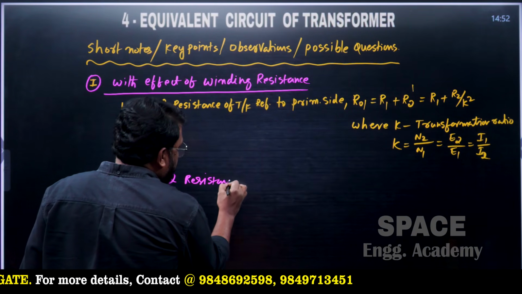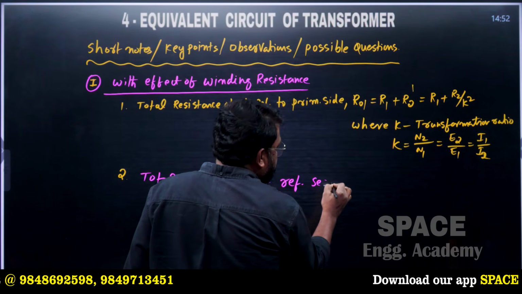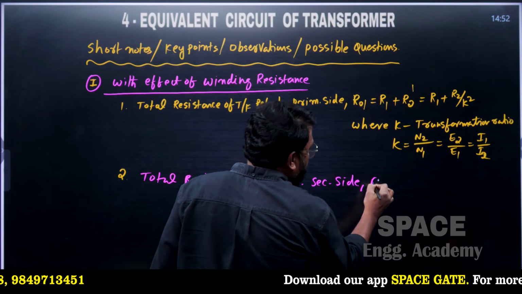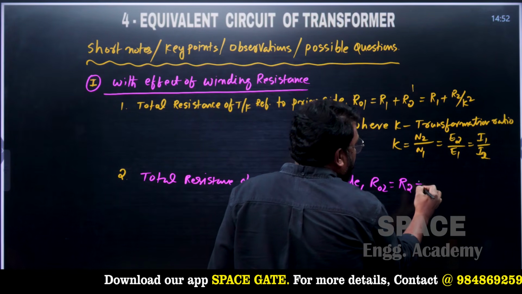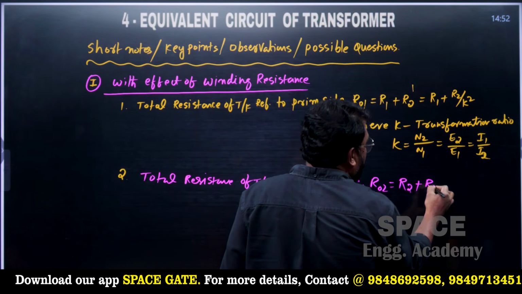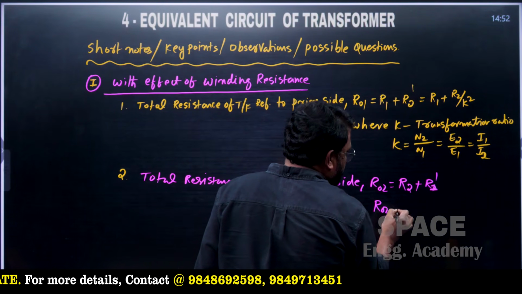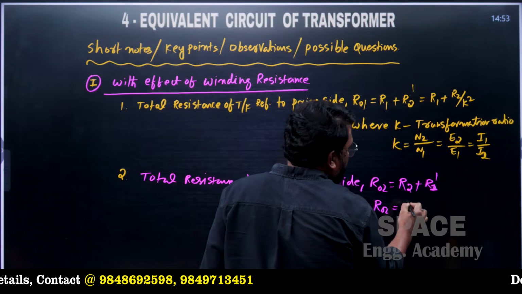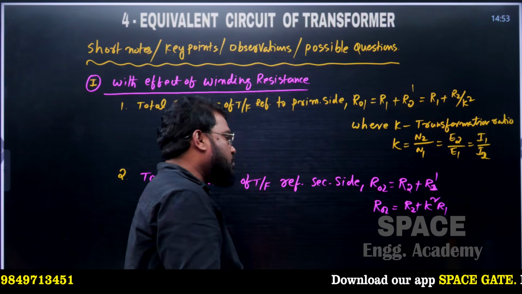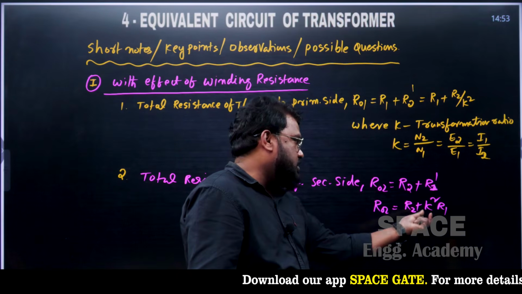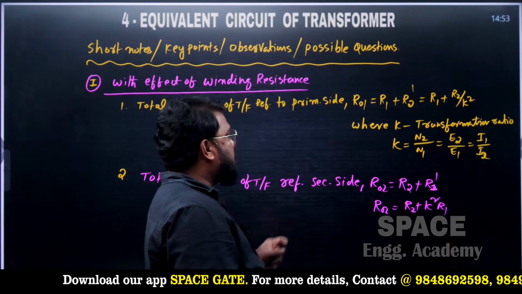This R02 is equal to the existing value R2 plus the transferred value R1 dash, so you can write R02 is equal to R2 plus K square times R1. R2 is the secondary resistance, R1 is the primary resistance, and K is the transformation ratio. This is one of the questions.